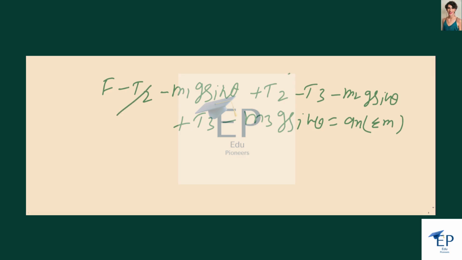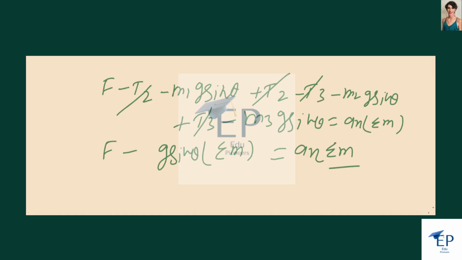So T2 and T3 get cancelled over there. So F minus M1 g sin theta, M2 g sin theta, and M3 g sin theta will remain. Or let's say g sin theta comes out, sigma M, which is M1 plus M2 plus M3, equals AX into sigma M, which is M1 plus M2 plus M3.